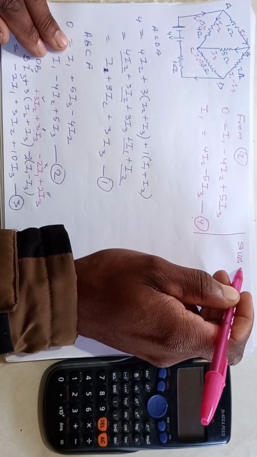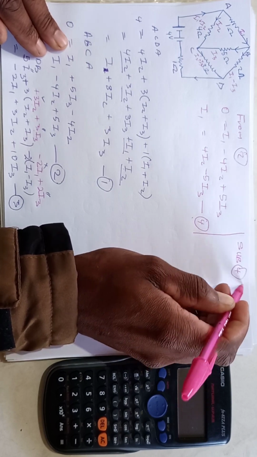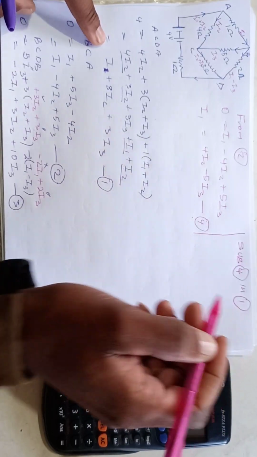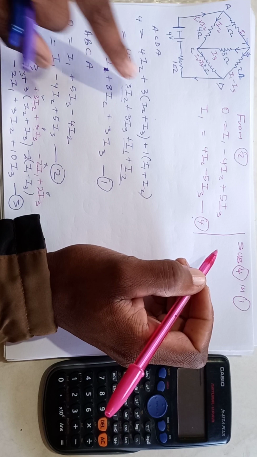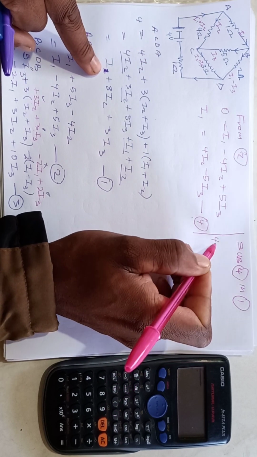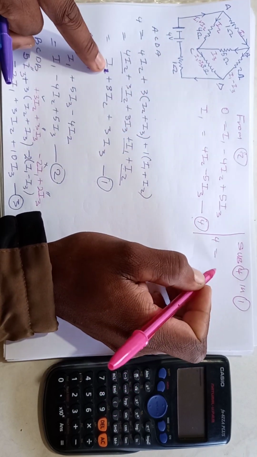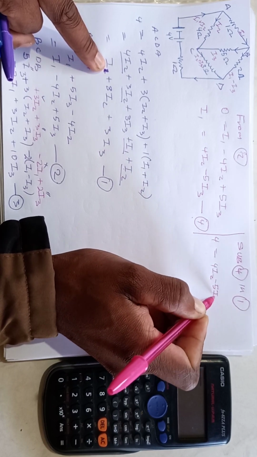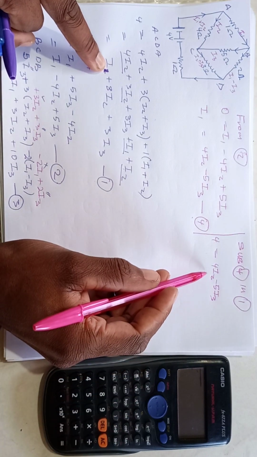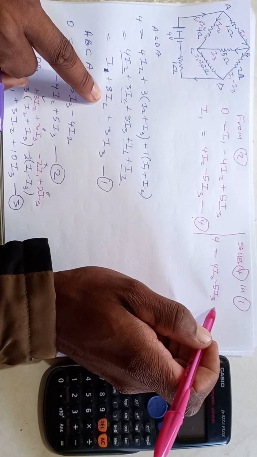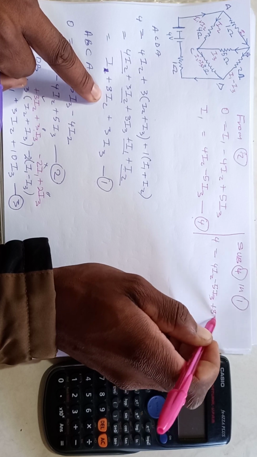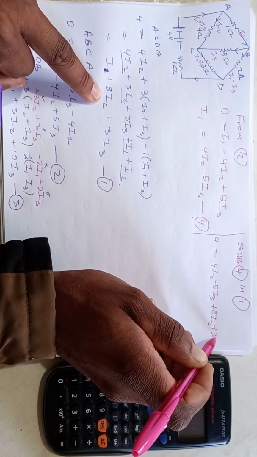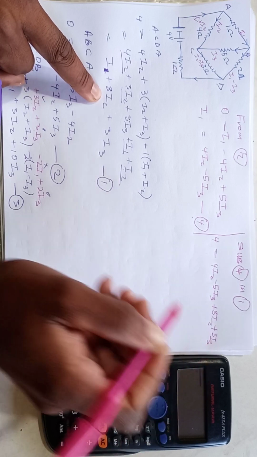Substitute equation 4 in equation 1 first. So where we have I1, we just put that: 4I2 minus 5I3, and plus 8I2 plus 3I3.